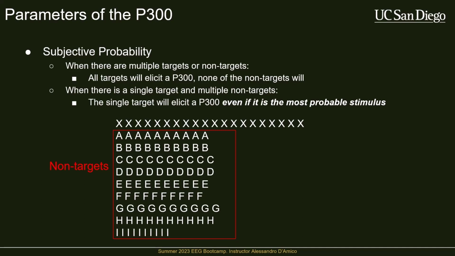But in reality, there's this great experiment from the mid 60s or early 70s, where you do a classic two-stimulus oddball and you titrate the rates.